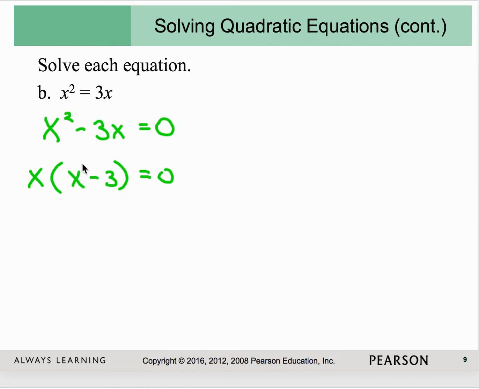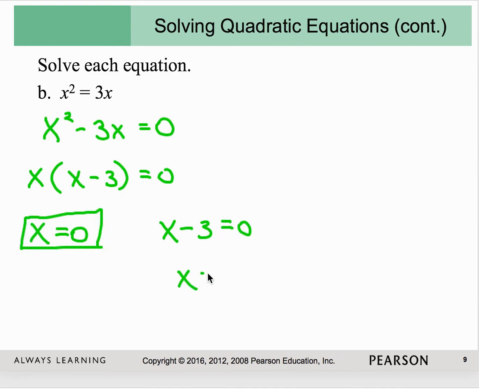Okay, this won't factor anymore. Linear, linear. So either x is 0 or x minus 3 is 0. So x is 0, that's already solved. And then this one would be x is, right, 3.